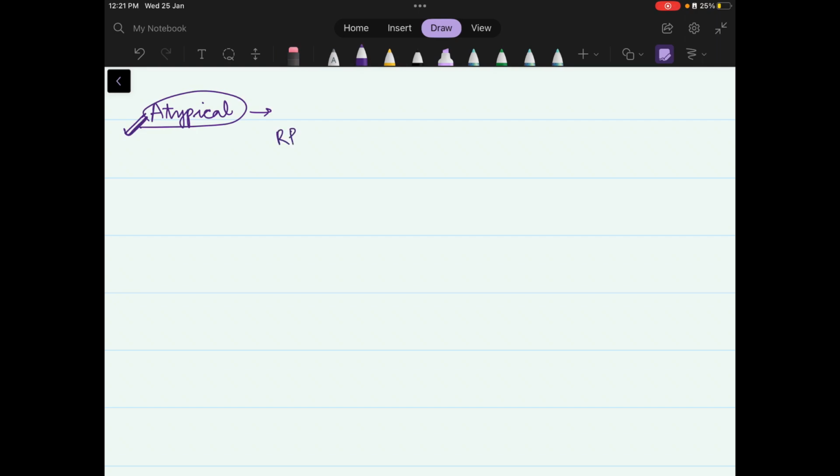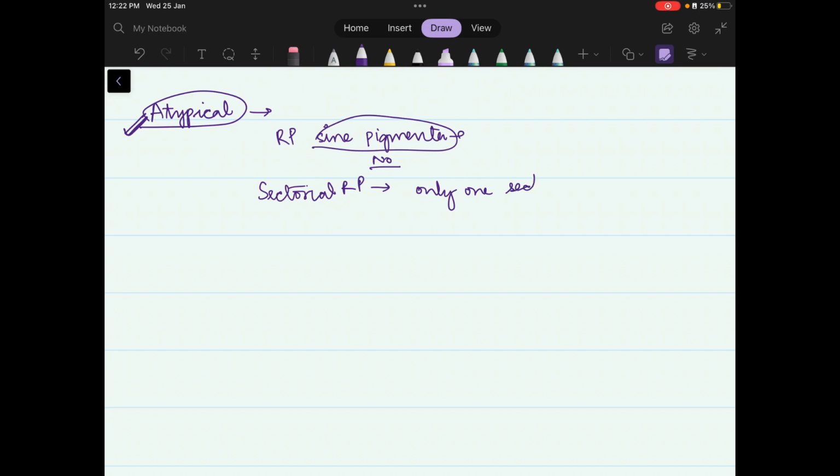Like first is retinitis pigmentosa sine pigmento. Now the name suggests there will be some problem in the pigmentary changes, so no pigmentary changes are seen in the fundus. Coming to sectorial, obviously a particular sector is involved, so only one sector is involved.